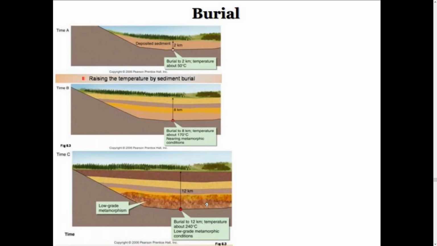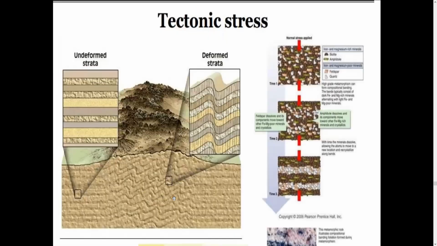So the layer which was deposited first, because of that temperature and the pressure, would start changing to something else. It would start becoming more and more harder because there is so much pressure that is being brought about by the layers that are on top. So is the temperature. So that is how the burial of materials can bring about metamorphic changes in rocks from one form to the other.